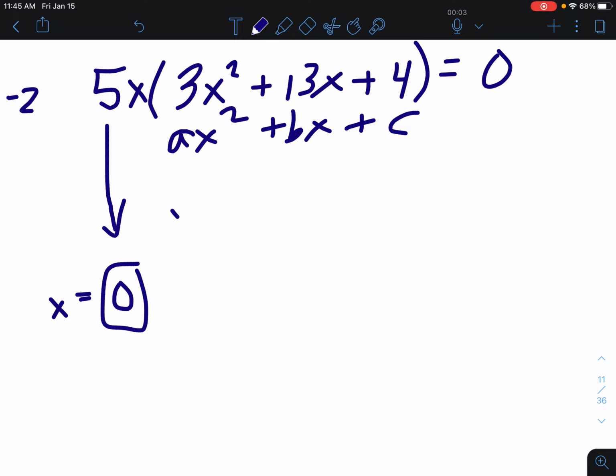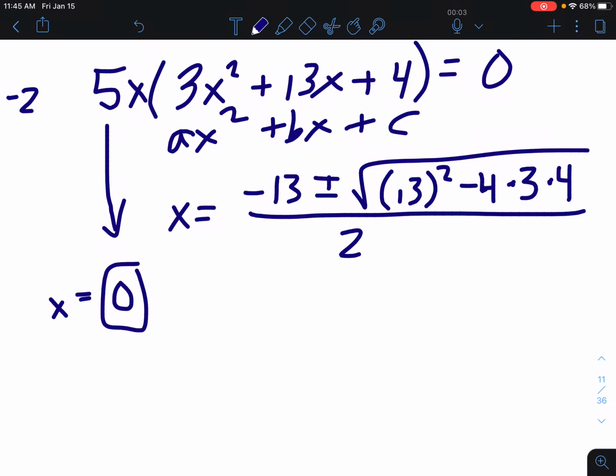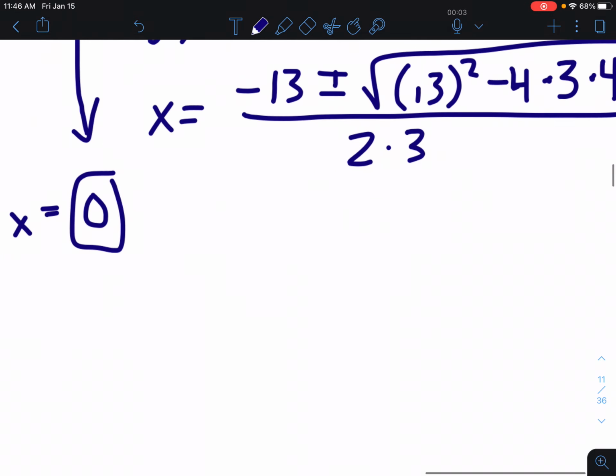So x equals negative b plus minus the square root of b squared minus 4 times a times c, divided by 2 times a. Don't have a lot of room here.